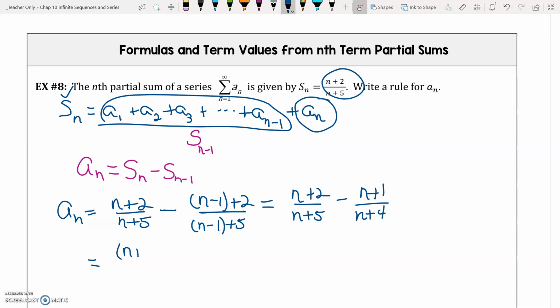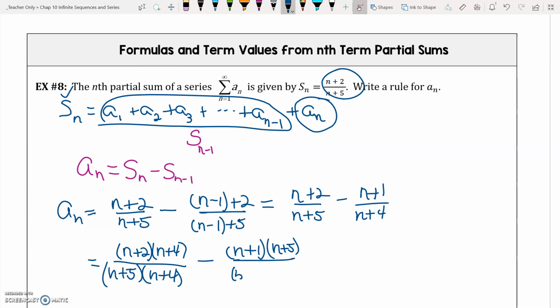We get (n plus 2) times (n plus 4) over (n plus 5) times (n plus 4). And then minus, and then we have our n plus 1. We're going to multiply that times (n plus 5) over (n plus 5) times (n plus 4).